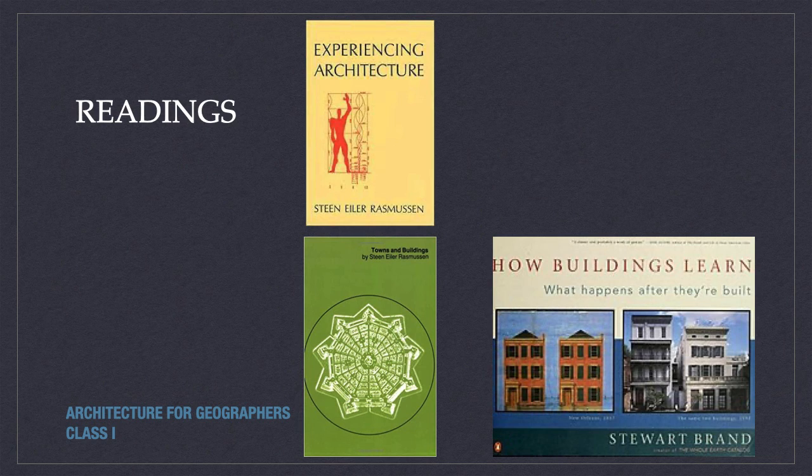And then the last one, the second one, is How Buildings Learn by Stuart Brand, Penguin Books, 1994. Mr. Brand most famously was the editor of the Whole Earth Catalog in the late 60s, my generation's cool kids mashup of counterculture and Wikipedia.